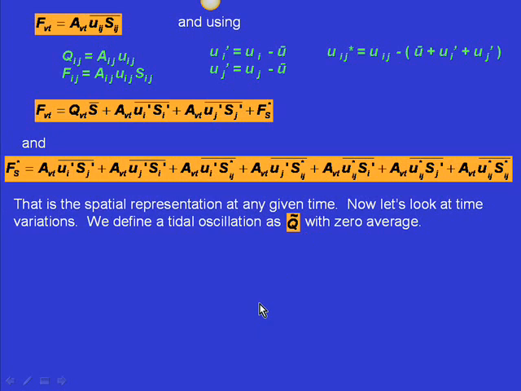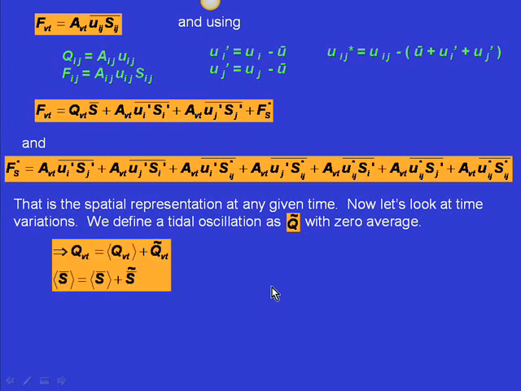It has zero average. And what we're going to get is that the cross-sectional mean of the water transport is given by the temporal mean plus the tidal fluctuation. So that Q bar T represents the cross-sectional mean.